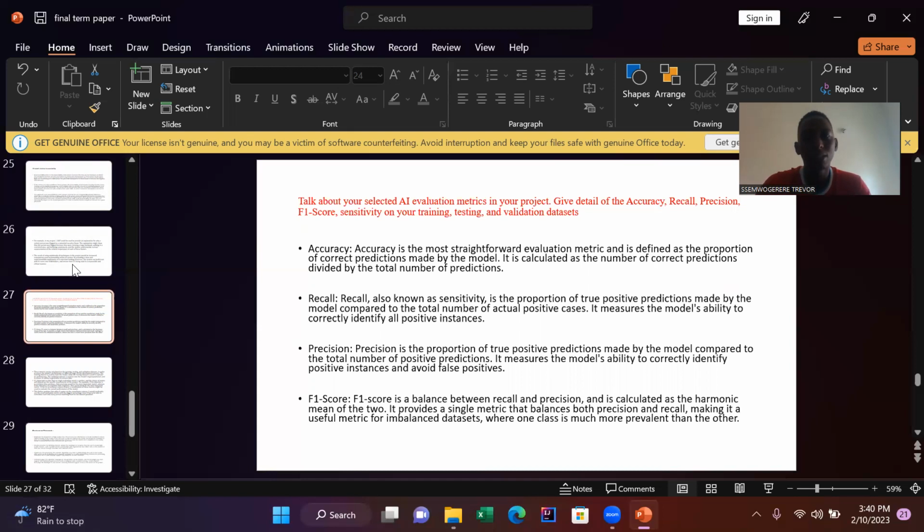Then for precision, something different. Precision measures the model's ability to correctly identify the positive instances. Suppose I was building a cancer project, that's when I'd need more precision, because it has to determine the specific disease, which is cancer. So when determining my F1 score, which combines precision and recall, I'll give recall a higher weight than precision when I'm developing my AI surveillance camera or something related to recalling.